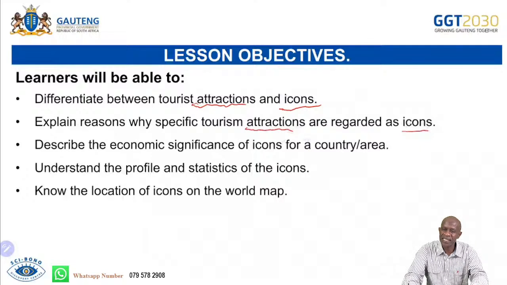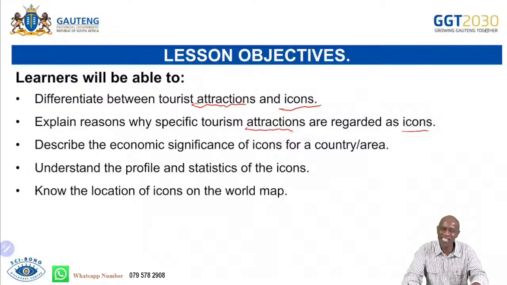an attraction can be an icon. And it says to us that not all the attractions are icons. So in other words, all the icons are attractions.